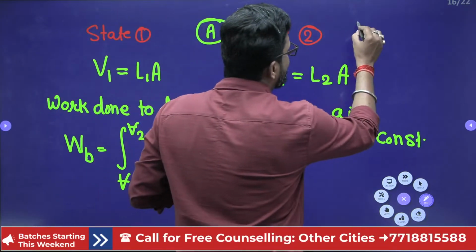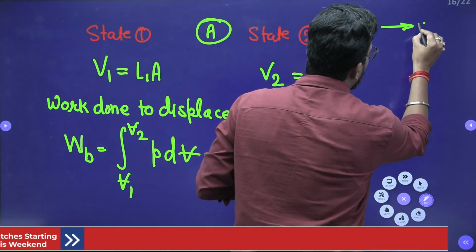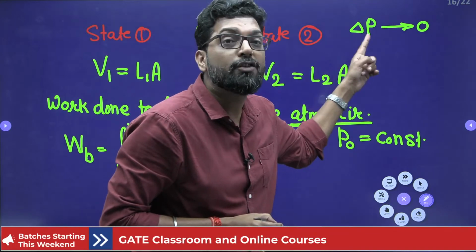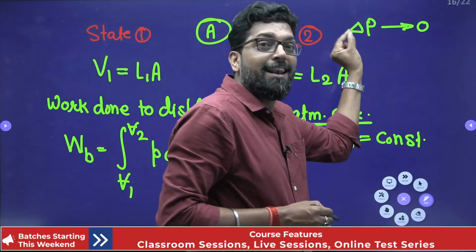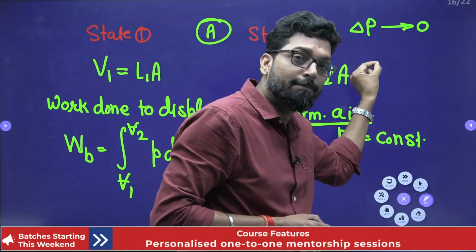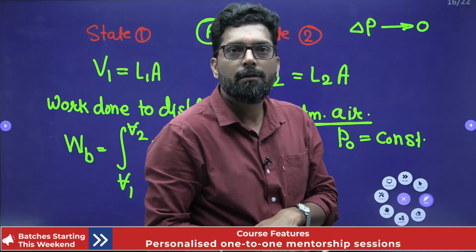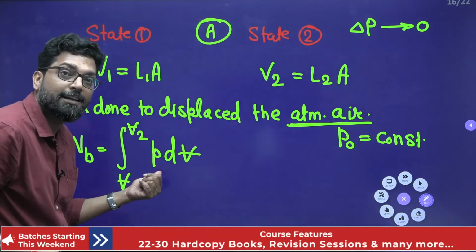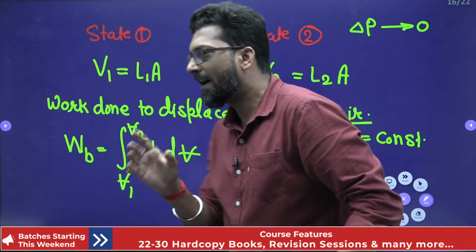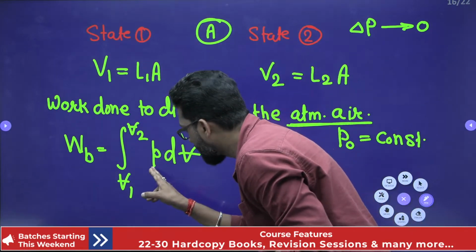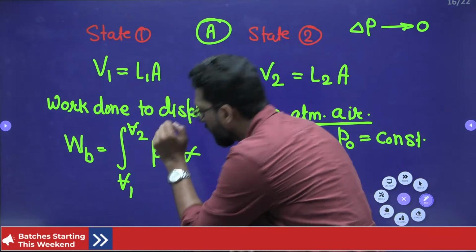That means delta P inside the pressure tends to, this is what? Delta P, very important, is the final system pressure minus the initial system pressure, and this tends to 0. And what is this pressure? If I am asking a very important thing, is this pressure the system pressure or the surrounding pressure?